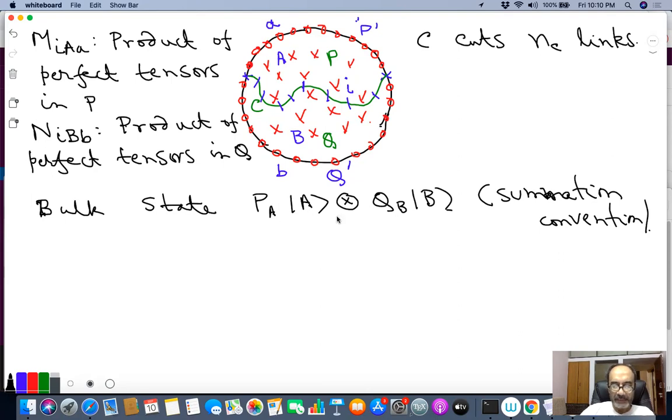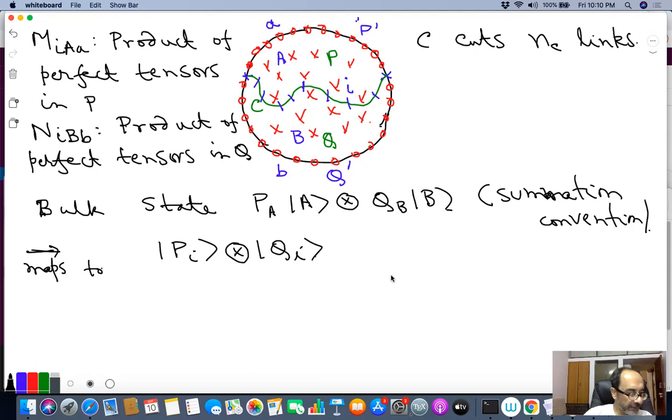And then we showed that if we use the bulk to boundary map, which for this code is given by just a product of all perfect tensors in the bulk, whose free indices will be the bulk indices, which are A and B, and the boundary indices, small a and small b, then this bulk state maps to the following boundary state. This maps to the boundary state Pi times Qi, and we'll define what these Pi and Qi are. So what was Pi?